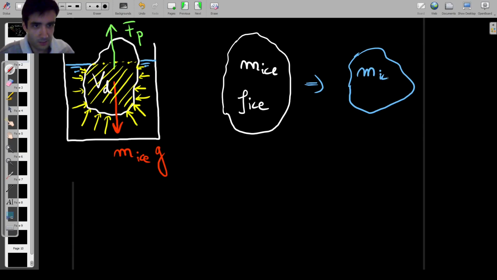So its mass will be constant, but its density is going to change, because when the ice melts, it turns into water, and the resulting density is the density of the water, which of course is the same water as we've got in this glass.